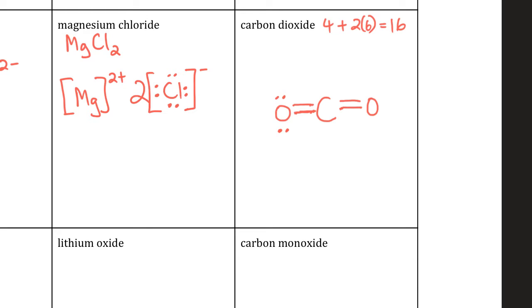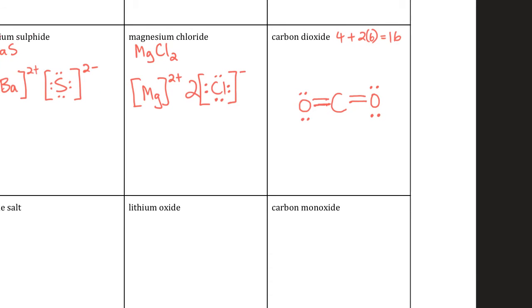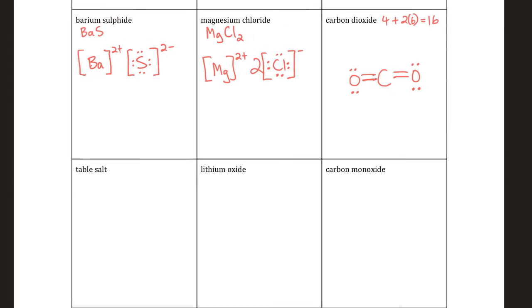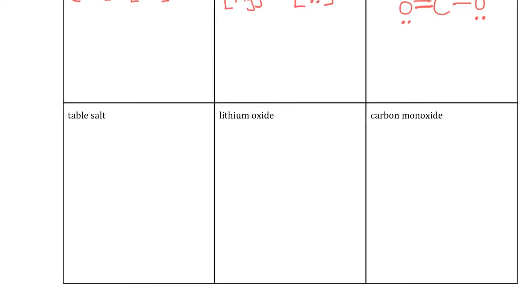So that's 8. So the other oxygen must be exactly the same, like this. So this should be what carbon dioxide looks like: carbon with double bonds with each oxygen. And then there are 4 lone pairs of electrons around the oxygens.